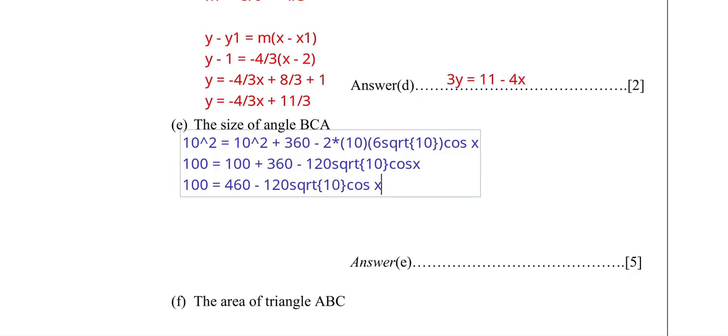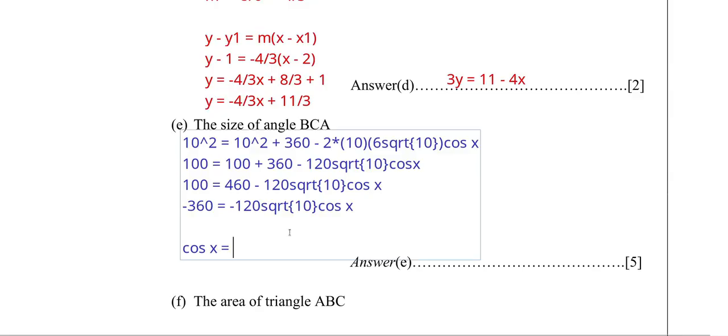Now subtracting the 100 from both sides, we get negative 360 is equal to negative 120 square root 10 cos X. Dividing by negative 120 on both sides, we get that cos X is equal to 3 over square root 10.